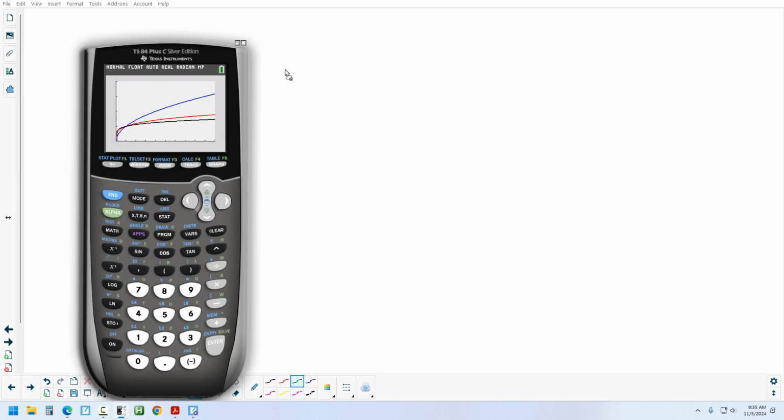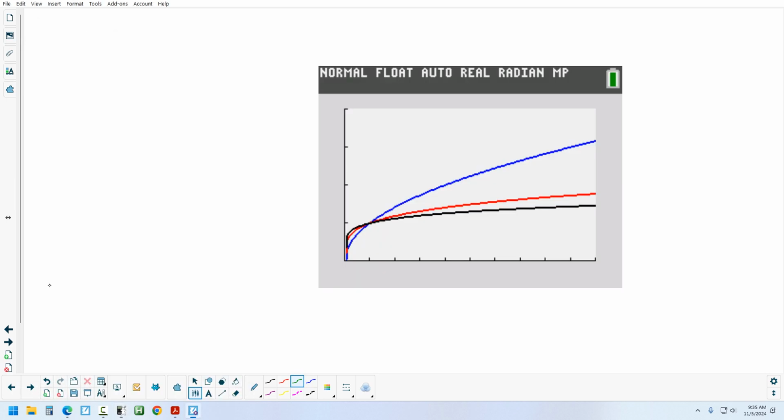Is there any coordinate that it looks like the even roots all go through? Anybody see a location on there that all 3 of those curves pass through? Yep, 1, 1. That is a point that is common to all even roots. And there's another point.